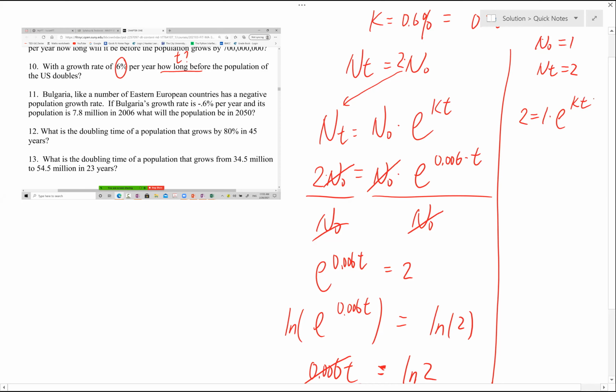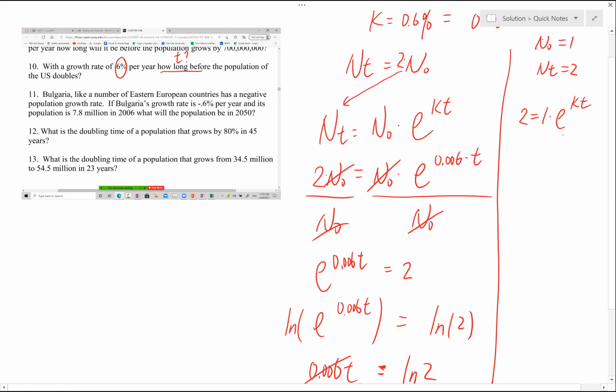That's totally fine. If you want to go that route, if you feel like that's a lot easier for you, you can assume there's only one person, 1 billion or 1 million, for the initial population. Then after a certain time, it becomes 2 million or 2 billion, right? Something like that. Then you can easily divide 1 from both sides.